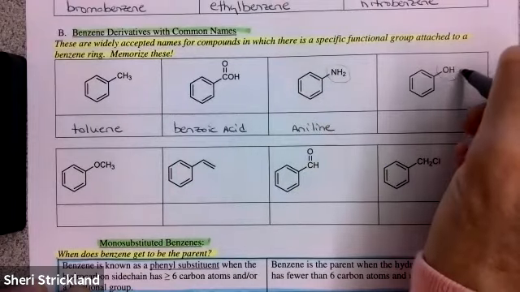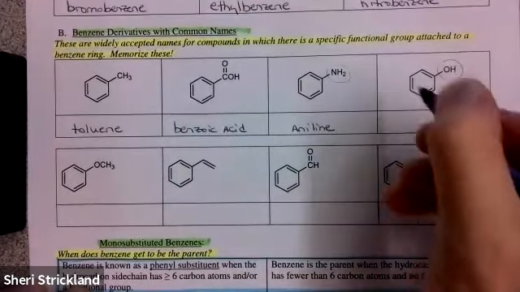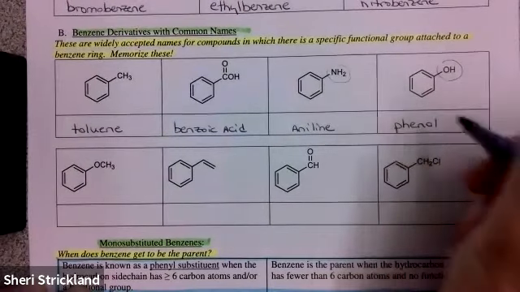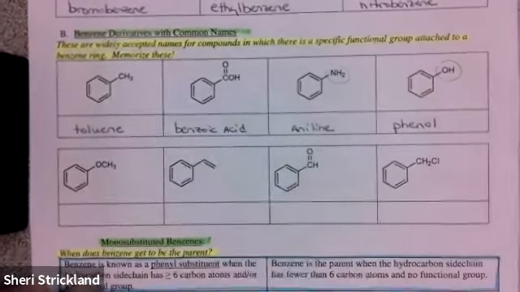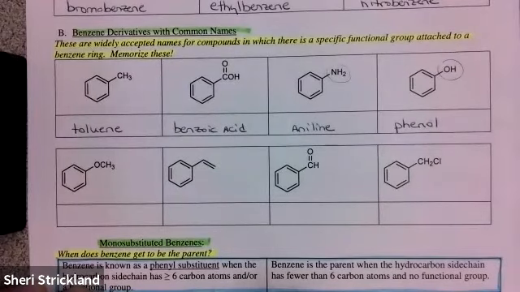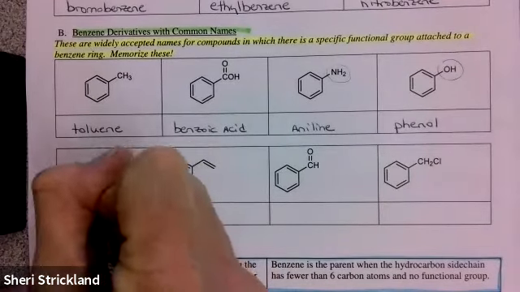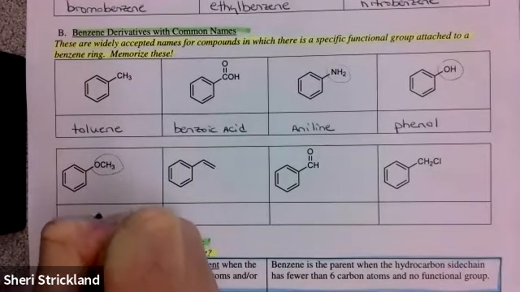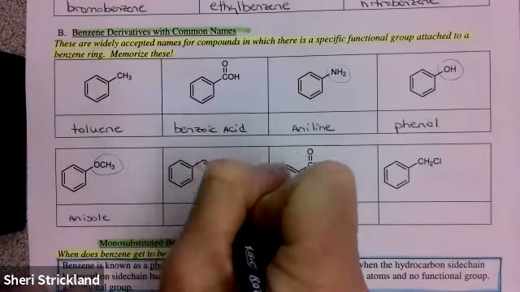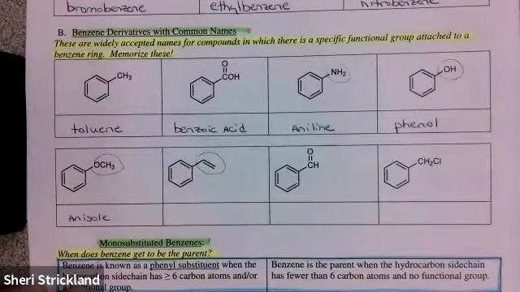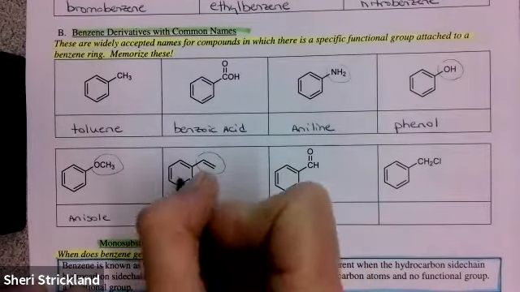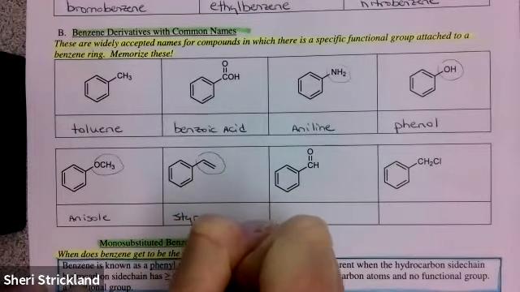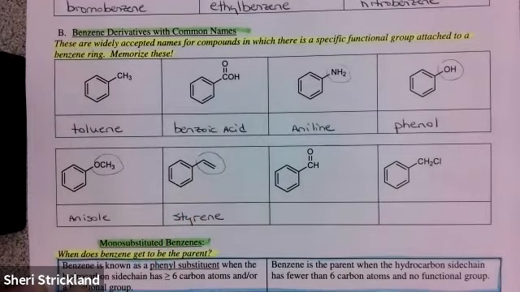And you've seen this one before with the hydroxyl group attached. This is phenol, with the OL telling you you've got an OH there just like in any other alcohol. If you have a methoxy group, this is anisole. And if you've got an alkene attached like this, this is styrene, which is the monomer for polystyrene or styrofoam.